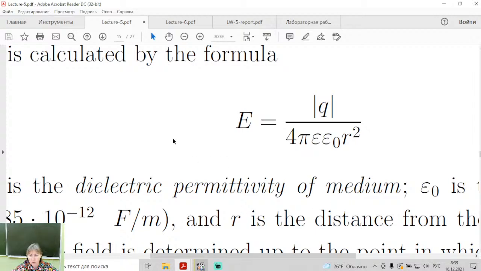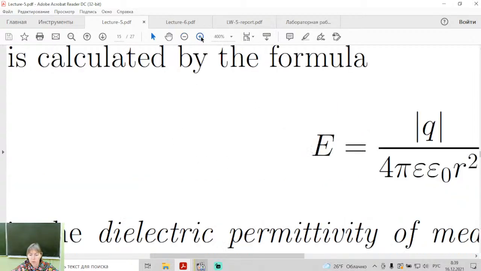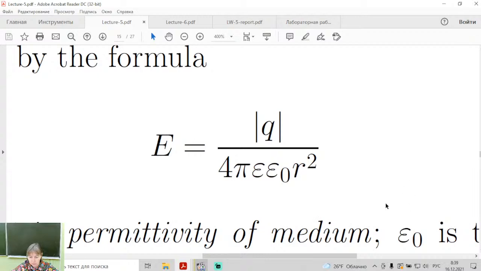E is equal to the modulus of charge divided by 4 pi epsilon epsilon 0 r squared, where epsilon is the dielectric permittivity of the medium, epsilon 0 is the electric constant, and r is the distance from the point in which the intensity of the field is determined up to the point in which there is a charge.